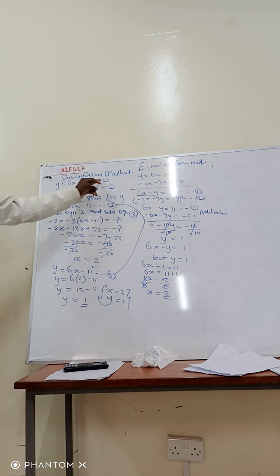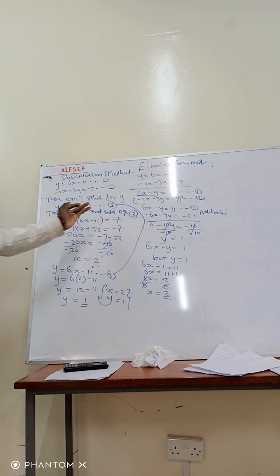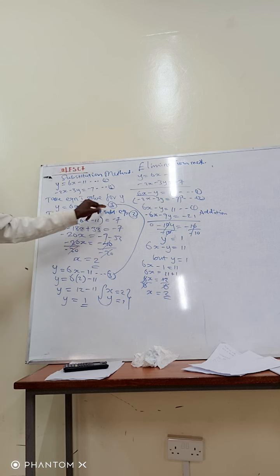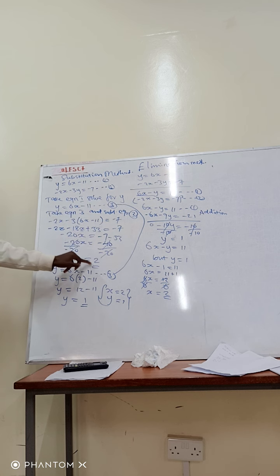We can't solve for equation 1 again, so we needed to substitute this equation with equation 2. So where you see y, you simply plug in that equation 3 in order for you to get x. And after which you take this x, you don't go back to this equation, you use equation 3 in order to get y. That is substitution method.